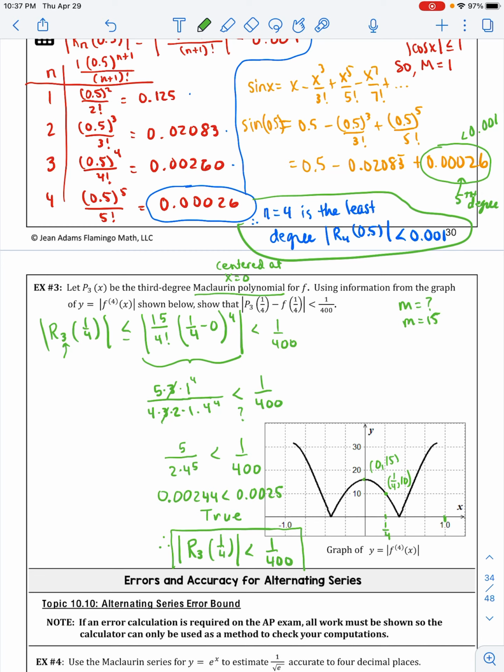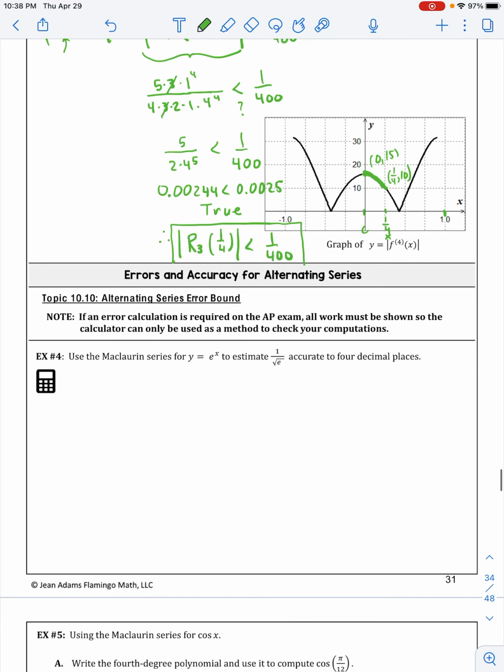And the cool part about that problem was that you had to figure out your m. And remember, you're just looking for the highest y value in that area. Your c was 0, your x was 1/4, and the one that ended up being the highest value in between here and here was 15, and that happened to be at x equals c, which was x equals 0.